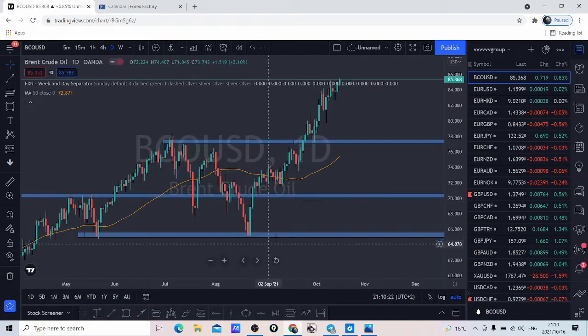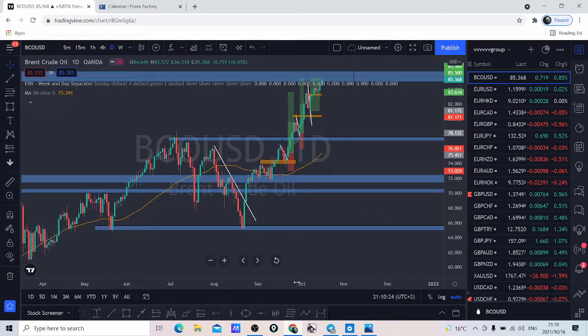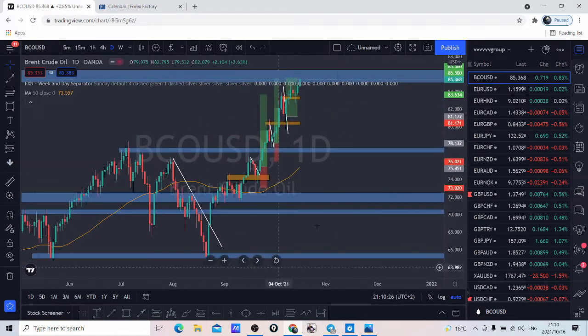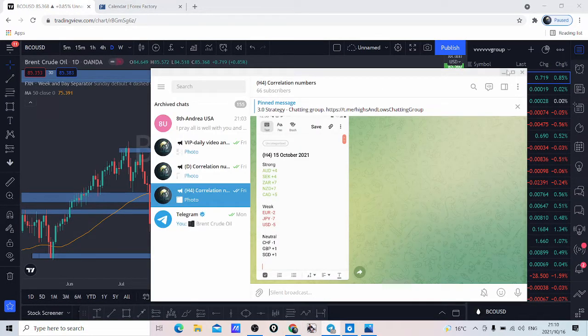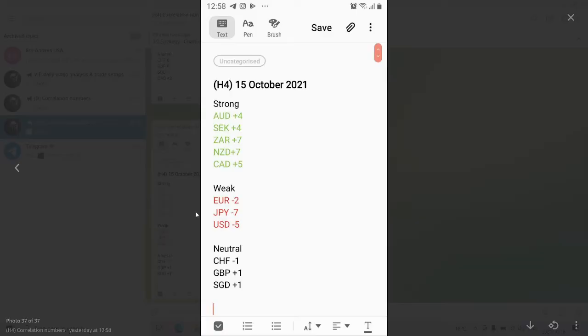Forex charts. Before we start there, we need to look at the sentiment of the market. This is the sentiment of the market. For those who don't know, these currencies are representing a bullish momentum.